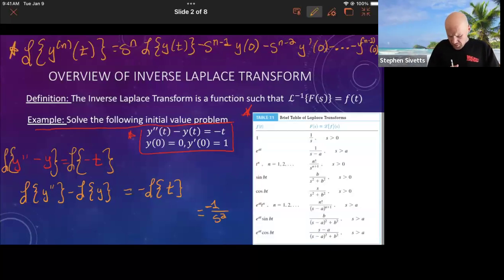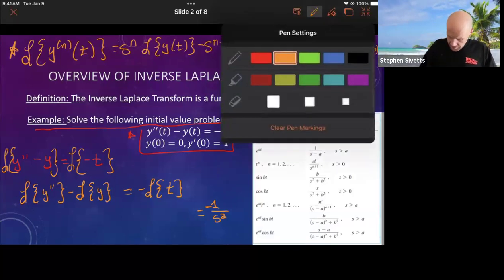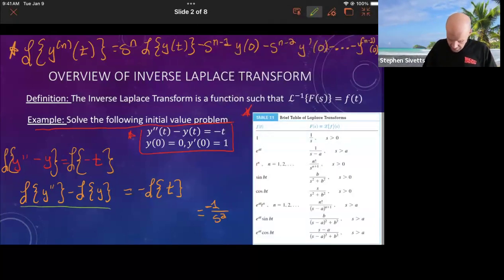So on the left-hand side, we have the Laplace transform of y double prime. So in that case, what that is going to look like is s squared times the Laplace transform of y of t. Okay. And then we'll have a minus s times y of 0. Okay.